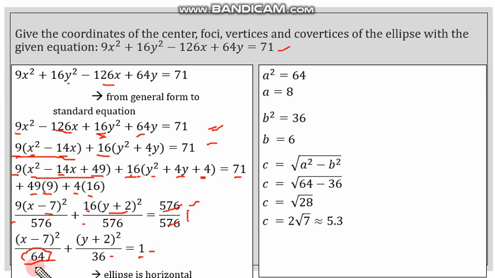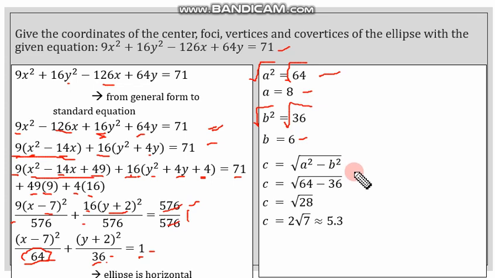So this is a squared and this is b squared. So a squared is equal to 64. The square root of 64 is 8. A is equal to 8. B squared is equal to 36. So the square root of b squared is b, and the square root of 36 is 6. So our b is equal to 6.